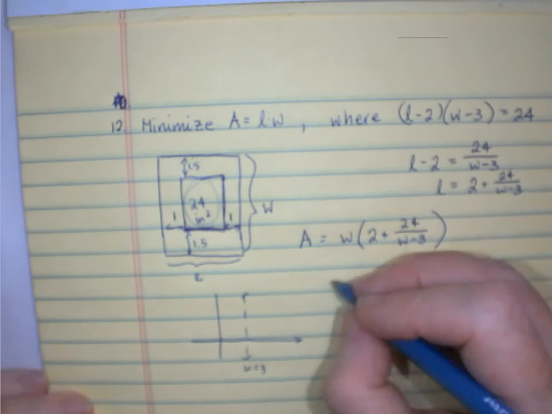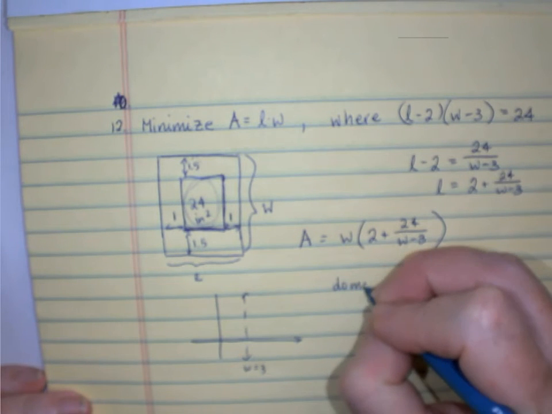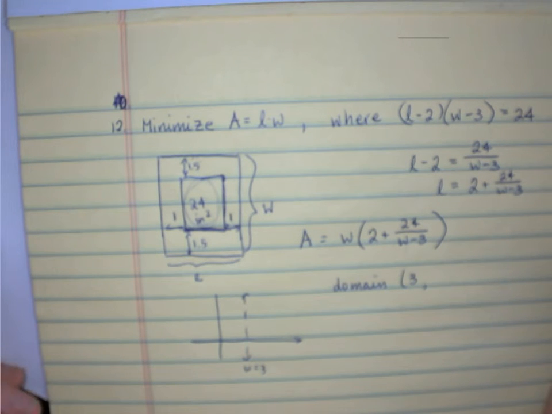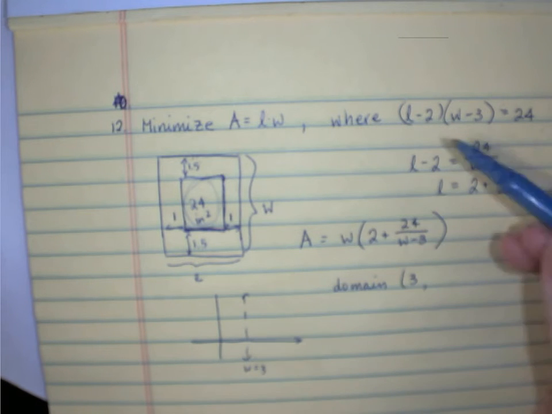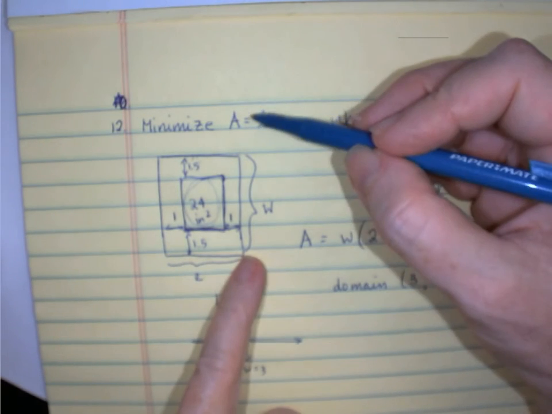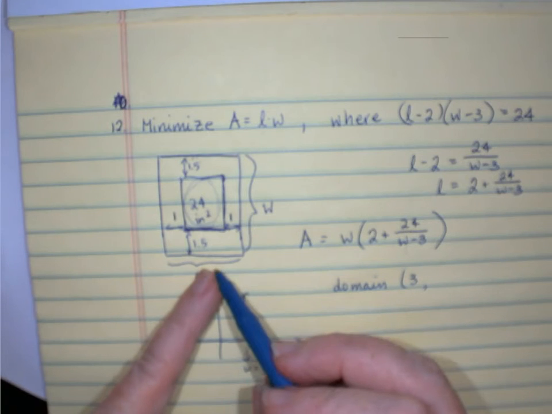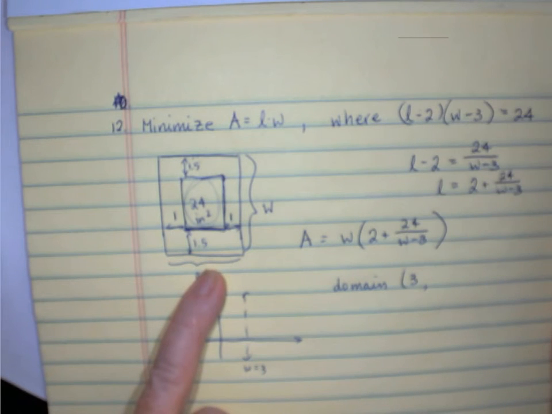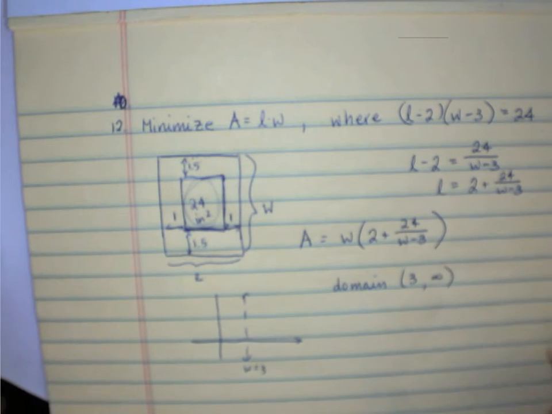So I'm going to say that my domain is greater than 3. And really, I can go all the way, I believe, to infinity. As W gets longer, L is going to get shorter. Oh, wait, I take that back. The shortest that L can possibly be is 2. Yeah, I'm going to say 3 to infinity.